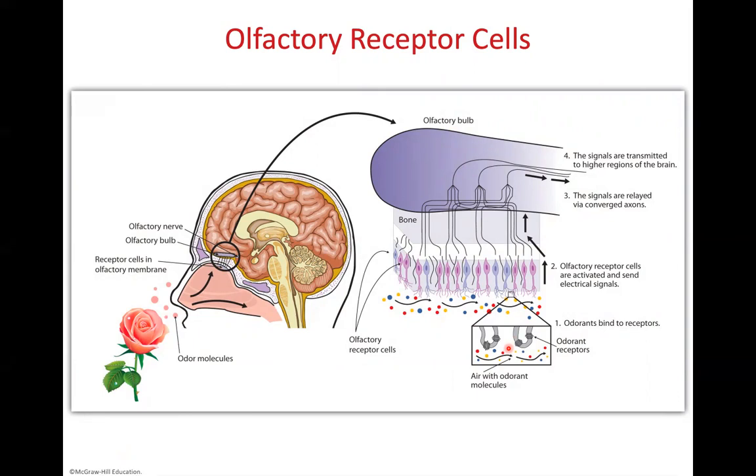And depending on which receptor cells are stimulated, different smells will be perceived. And then those olfactory receptor cells get activated by the binding of that odorant and send electrical signals through the cribriform plate of the ethmoid bone. Those signals get relayed via converged axons, and then they are transmitted to the higher regions of the brain through these axon bundles called the olfactory tracts to the olfactory cortex of the temporal lobe.